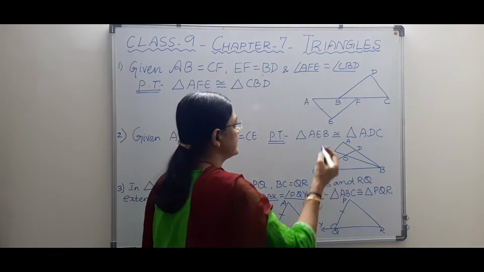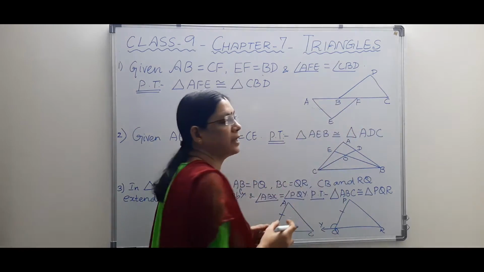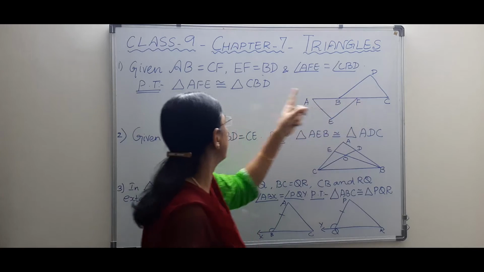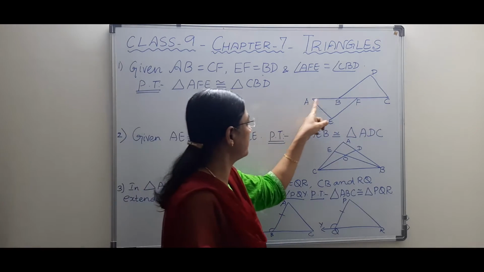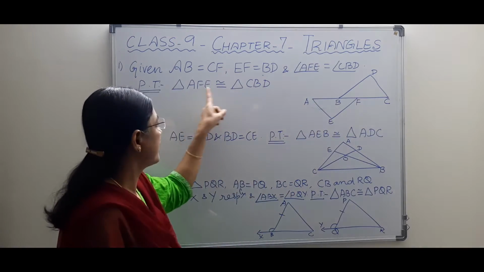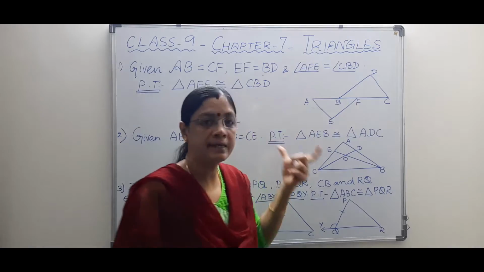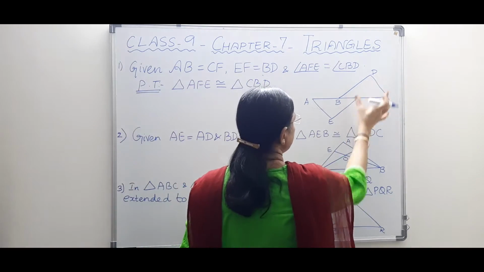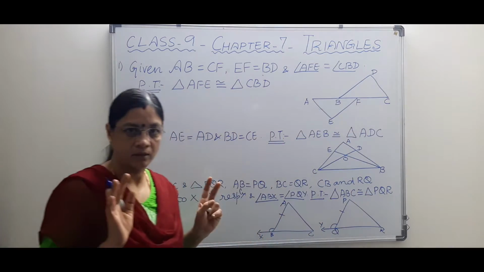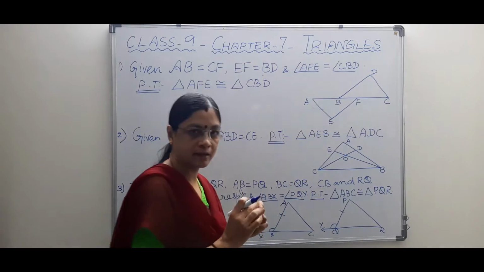But when I take A and F, this is a side of the triangle AFE. The order has to be perfect, AFE. So in the triangle AFE, AF is a side, isn't it? Likewise, in the triangle CBD, BC is a side. So BC is a side and AF is a side.